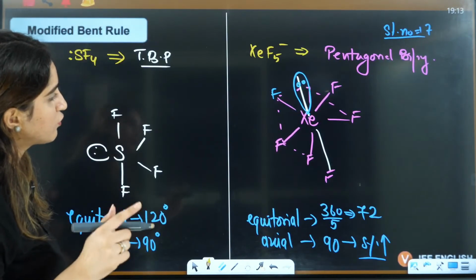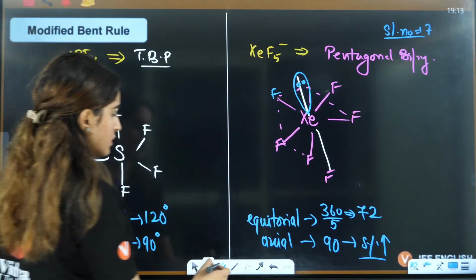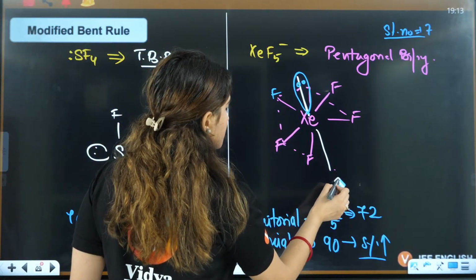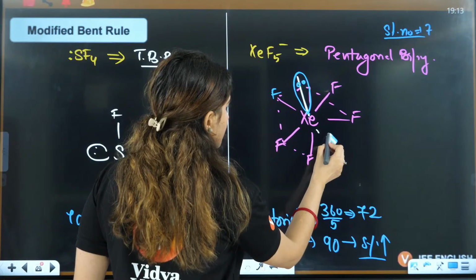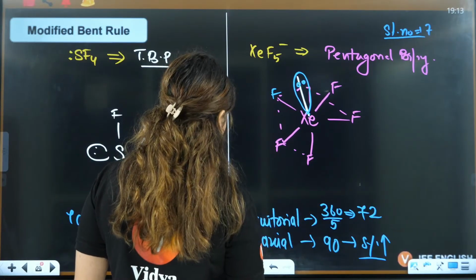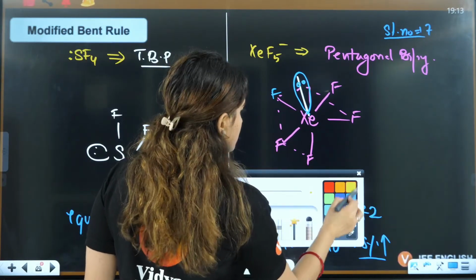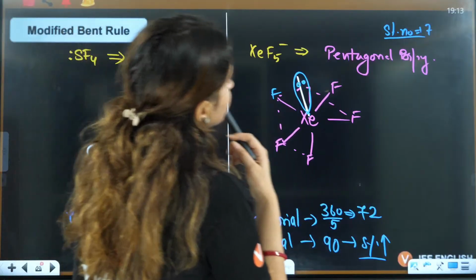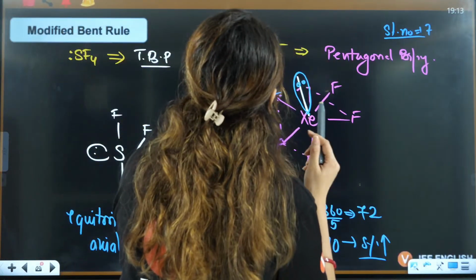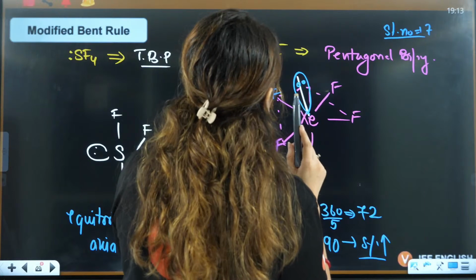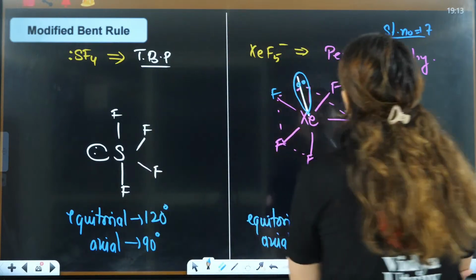1, 2, 3, 4, 5. Wait a minute, here you should just not write this one, okay? Because it is carrying this negative charge here. Wait a minute. The steric number is 7 only, now 5. How many lone pairs?